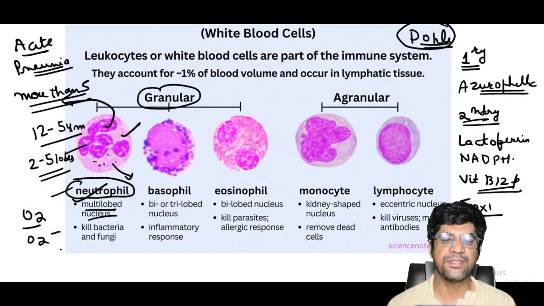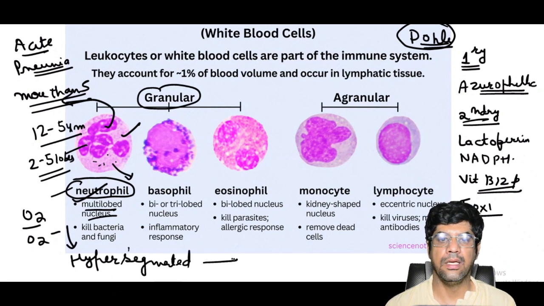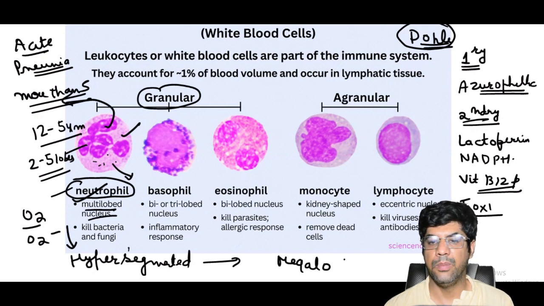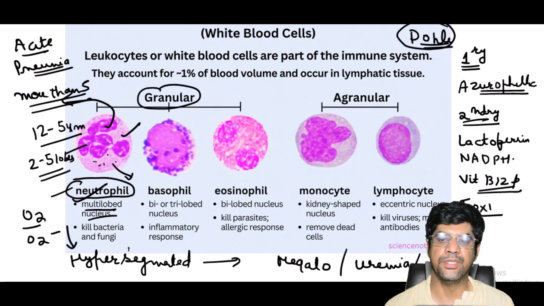Remember, hypersegmented neutrophils are seen in megaloblastic anemia, uremia, and sometimes you see them in leukemia.